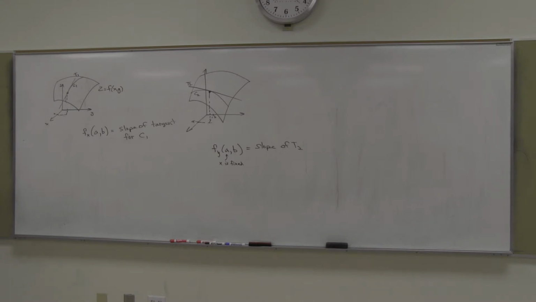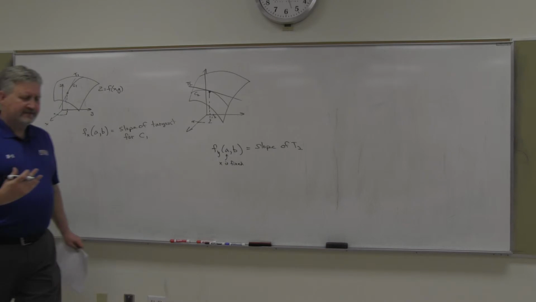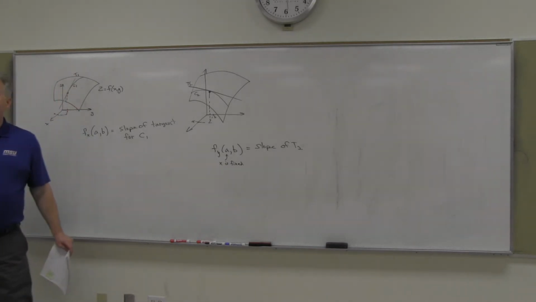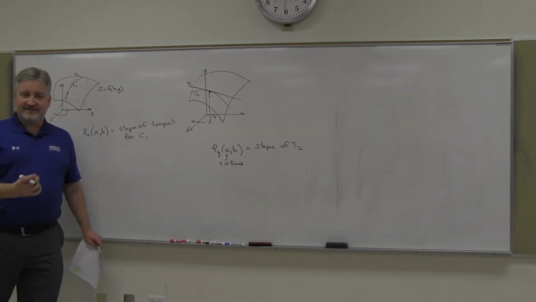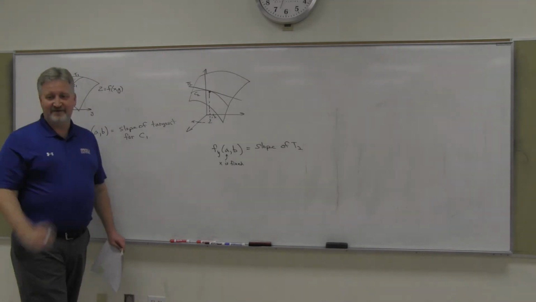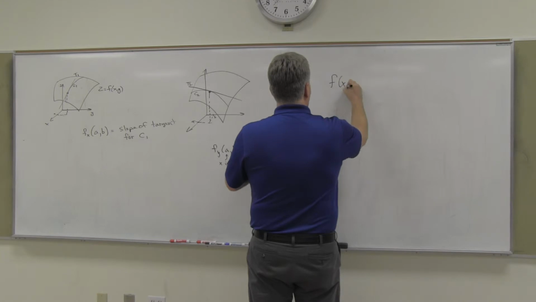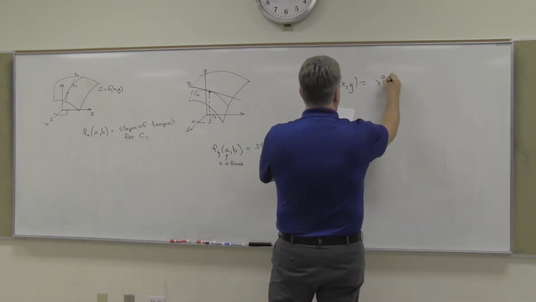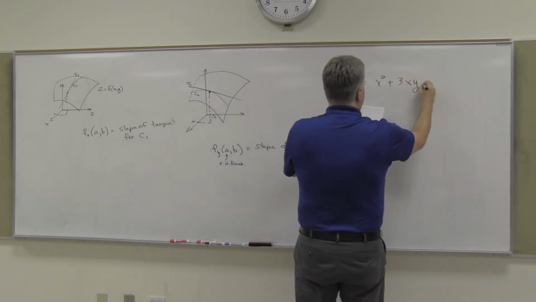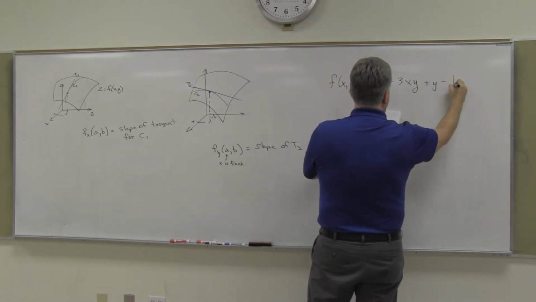So, anyway, the good news is the derivative rules all apply. We're fixing x or y, so that's going to be helpful. So let's do some. f of x, y equals x squared plus 3xy plus y minus 1.